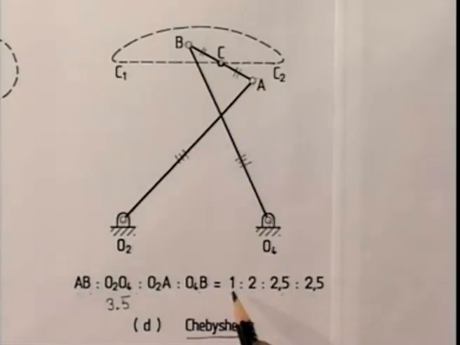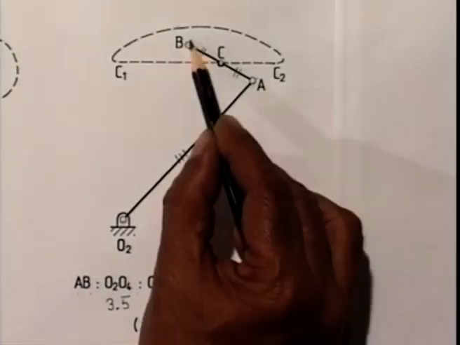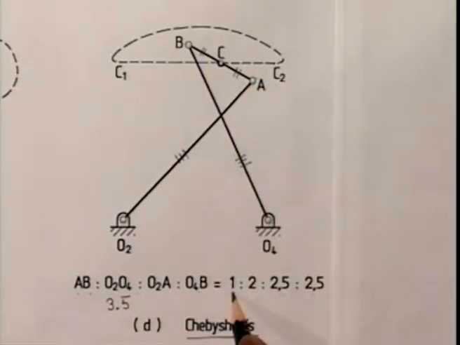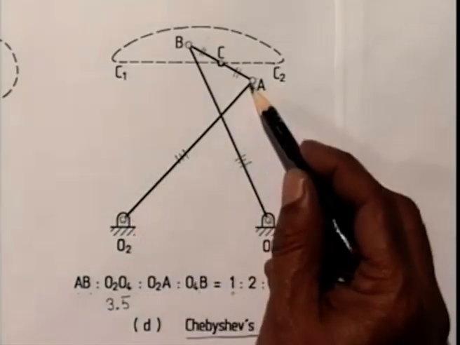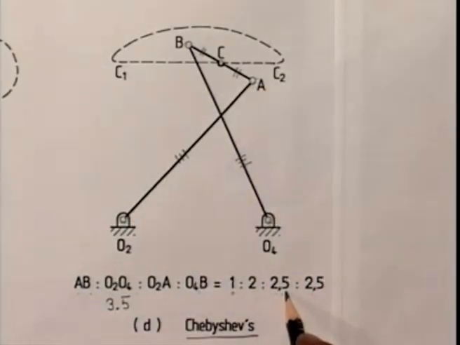So, the minimum length is AB, the coupler link, which is of unit length, and the longest link is say O2A, which is of 2.5. So, L min plus L max is 3.5, which is less than L' say O2O4 plus L'', which is 2 plus 2.5, 4.5.